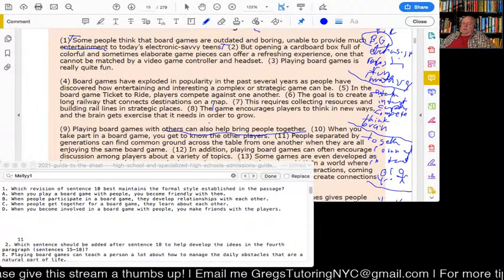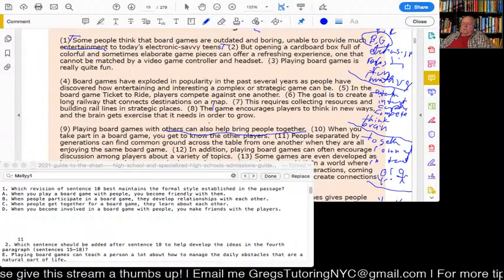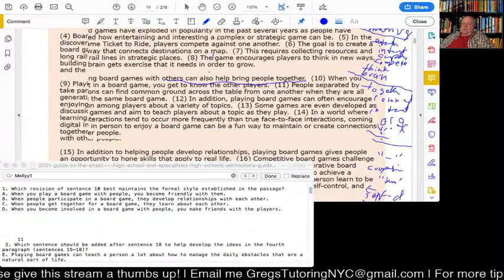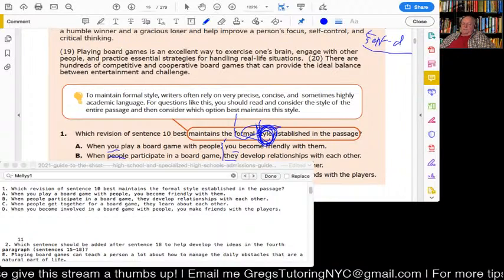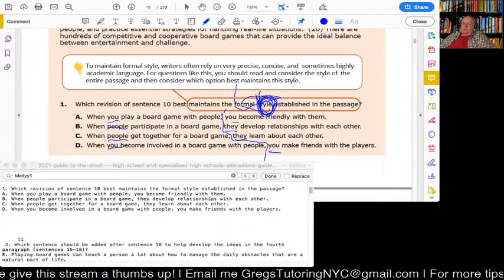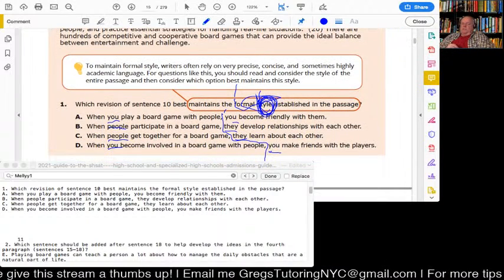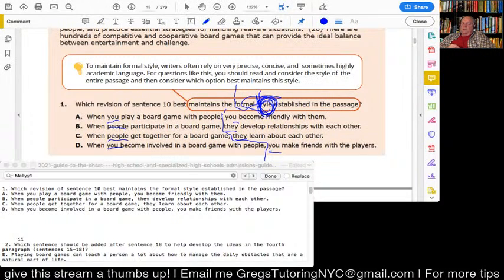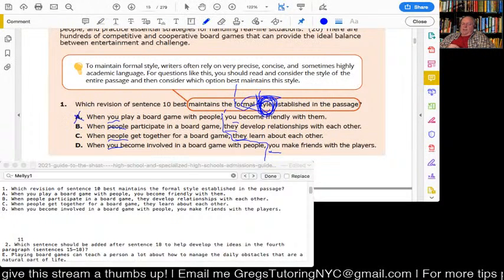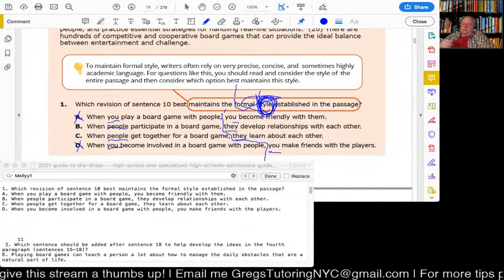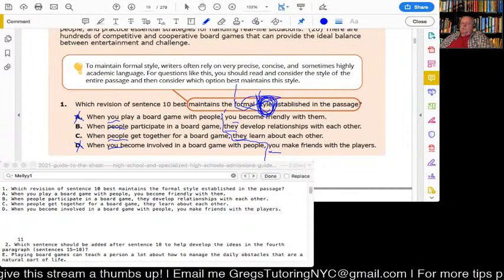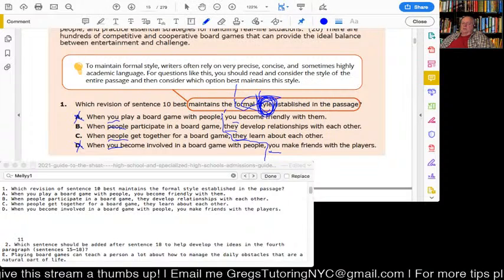even though it talks about when you take part in this game, it's also talking about things generically. It was talking about people collectively. So to me, just for that reason alone, A and D are not choices, because the narrative is not of that form. It's not about you.